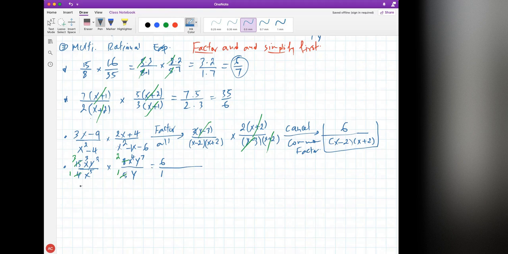Now, what we can do is we can simplify within each fraction first before actually multiplying straight across. So within this one here, what can we simplify within the same fraction? X. We can reduce the x. We have x3 over x5.